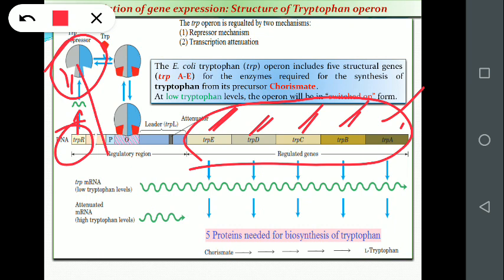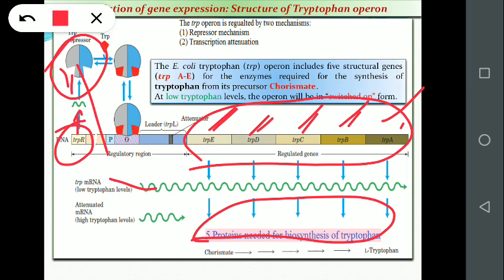Now what happens? The operator site is free and the promoter site binds RNA polymerase and transcribes all the structural genes, and we will get this polycistronic mRNA. From the polycistronic mRNA we will get 5 polypeptide chains, and these 5 polypeptide chains will assemble into 3 enzymes, and these 3 enzymes will convert chorismate to tryptophan.